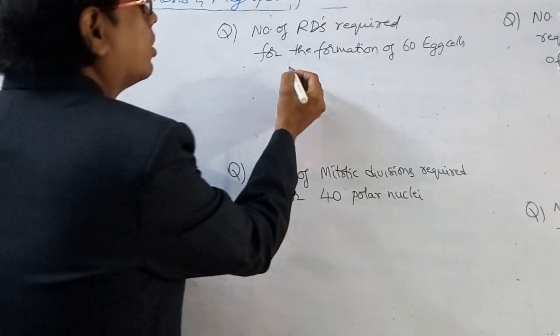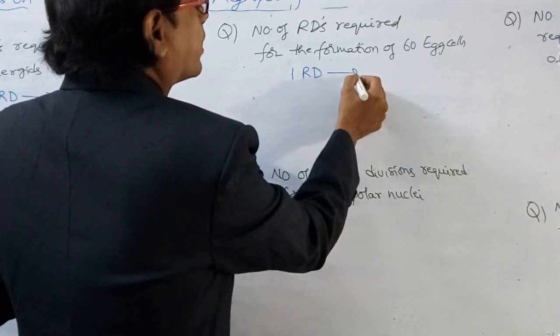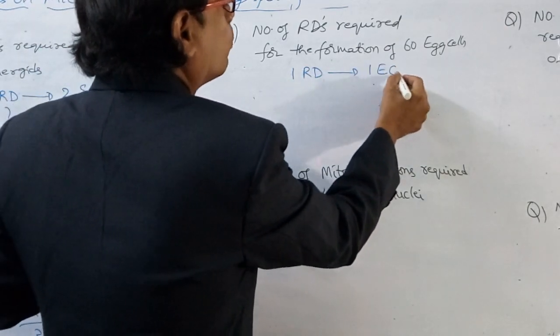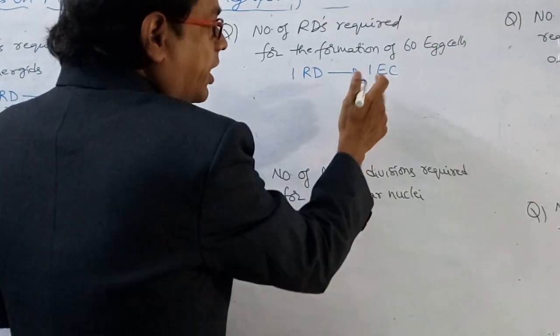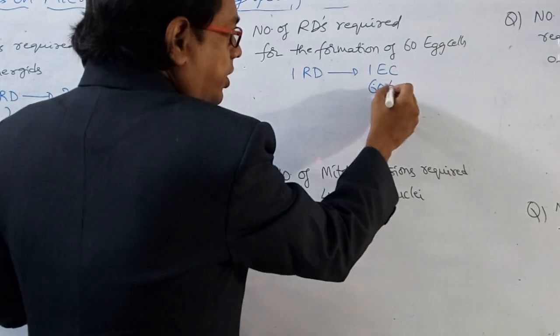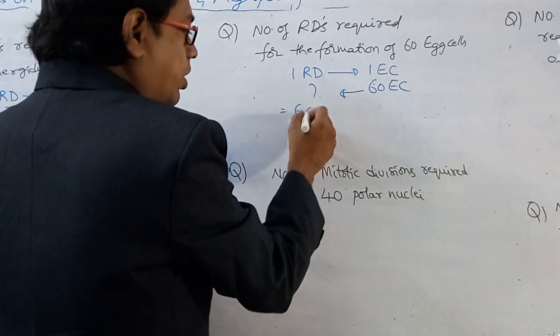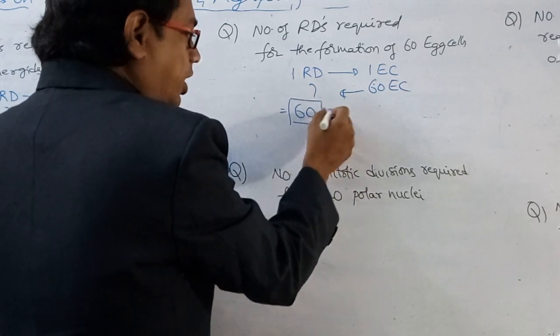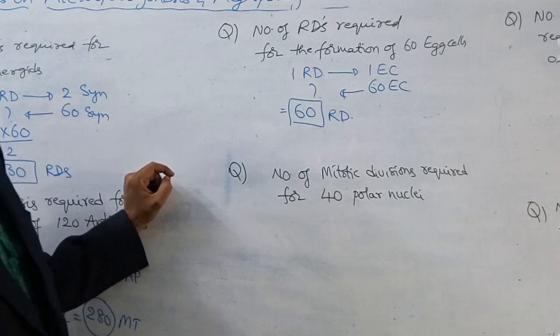So 1 RD is required for the formation of 1 egg cell. EC means egg cell. How many egg cells are given here? 60 egg cells are given. So that is equal to 60 RDs. Isn't it? Is it clear?